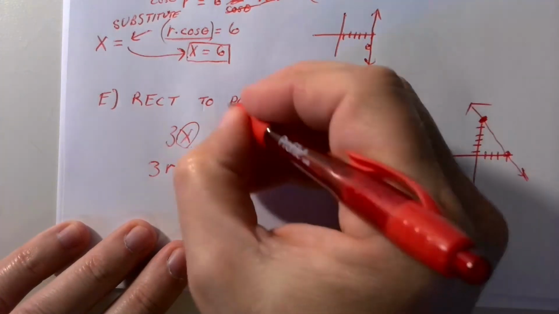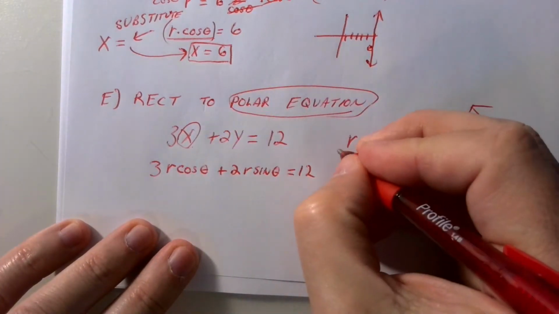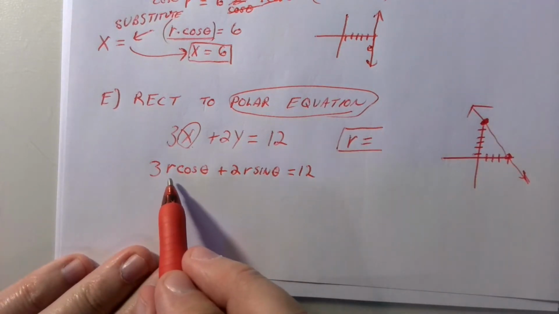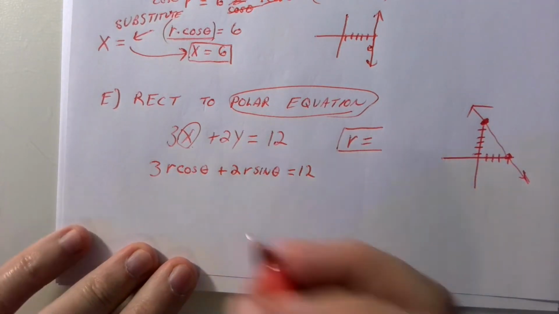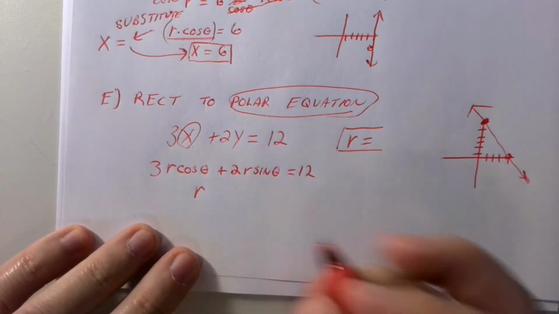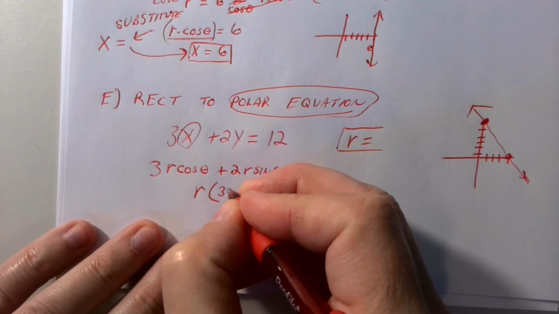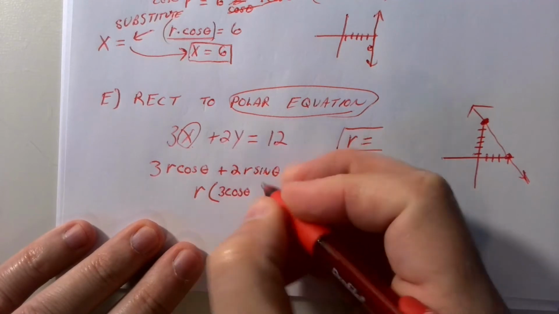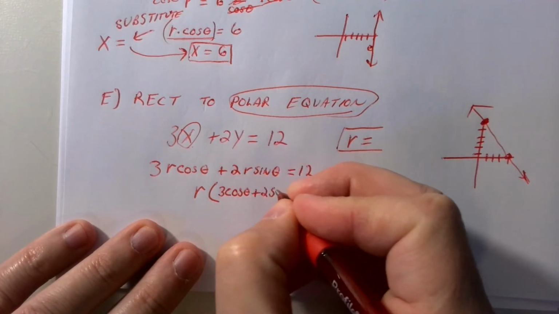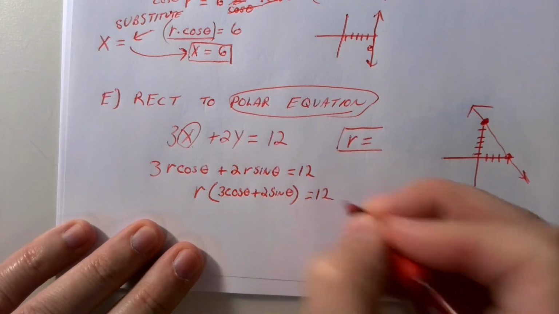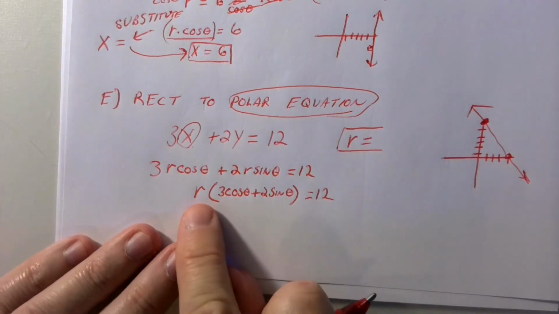Cool. So the goal of a polar equation is that it needs to be r equals something. So I got to get r by itself. You can see on the left side of the equation I got r's on both of those terms. So let's pull one of those out. So r times 3 cosine theta plus 2 sine theta equals 12. Does it make sense?